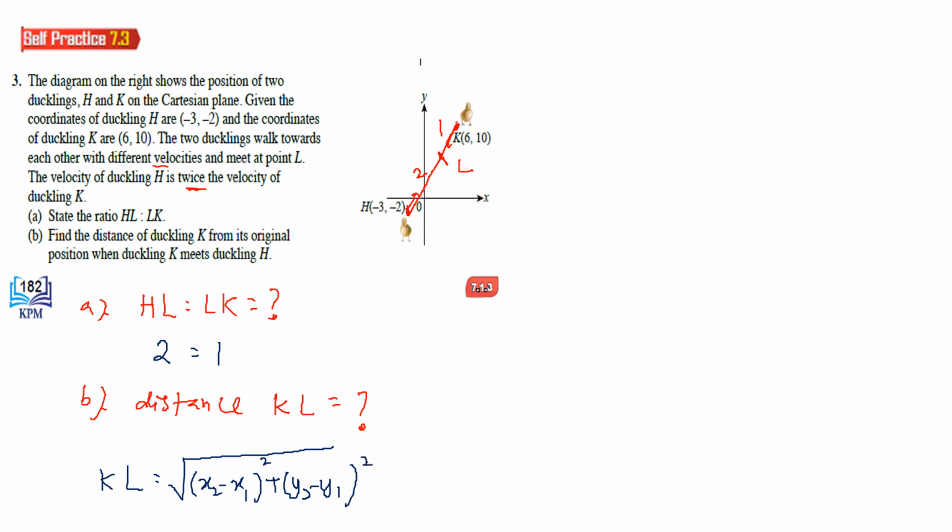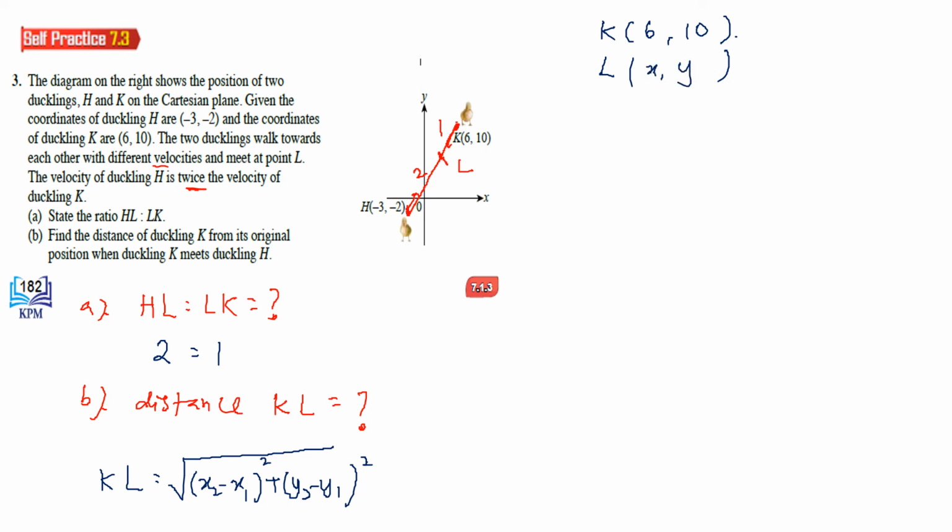So we need 2 points, which are K and L. K we are already given, which is 6 and 10. So we need to find what is L, because we don't have L.